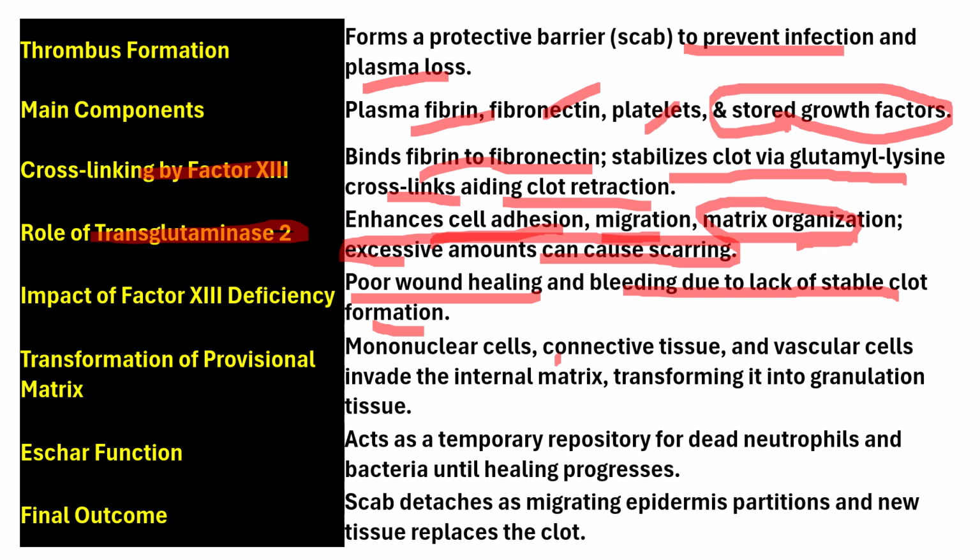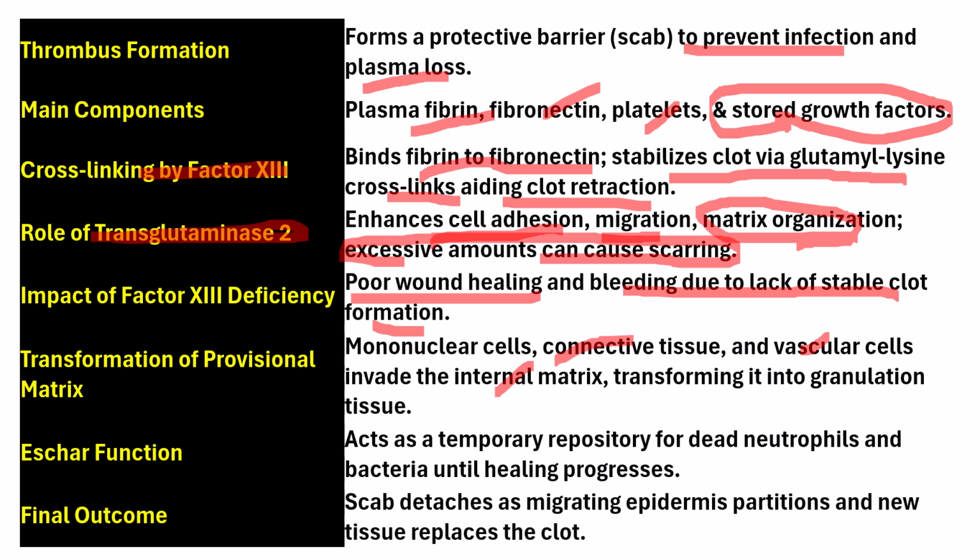Then mononuclear cells, connective tissue, and vascular cells invade the internal matrix and transform it into granulation tissue. And scab or ishkar is actually a temporary repository for dead neutrophils and bacteria until the healing progresses.